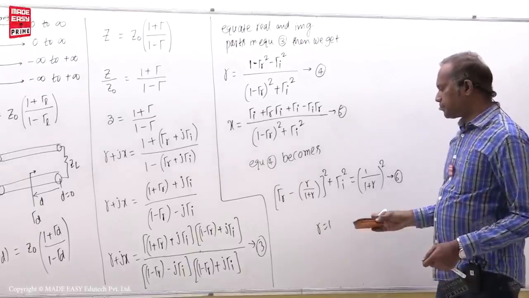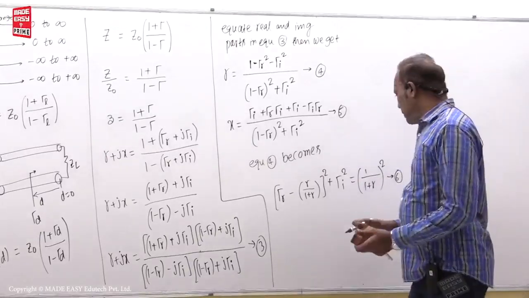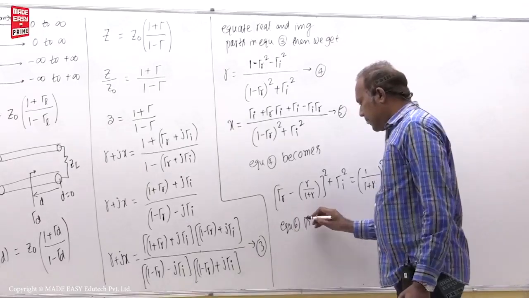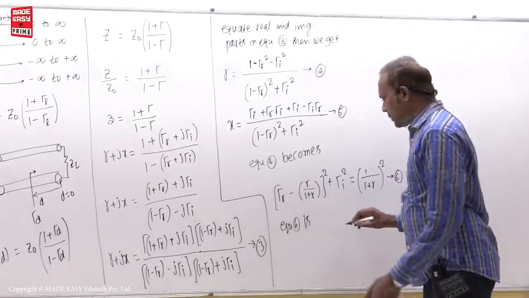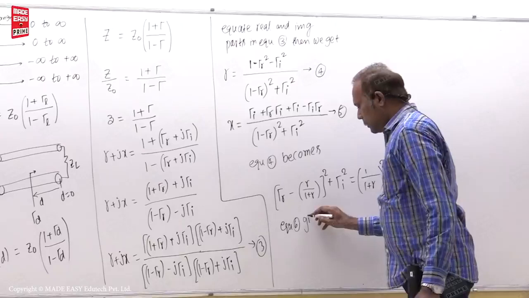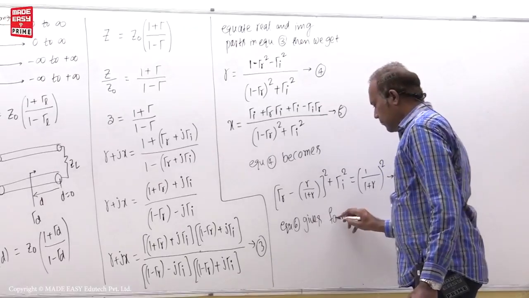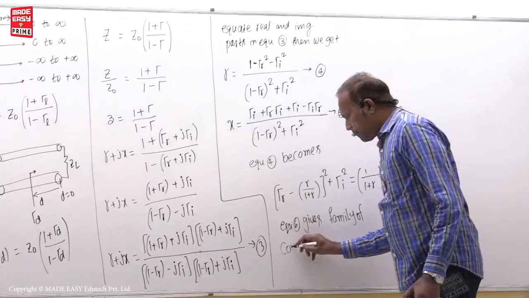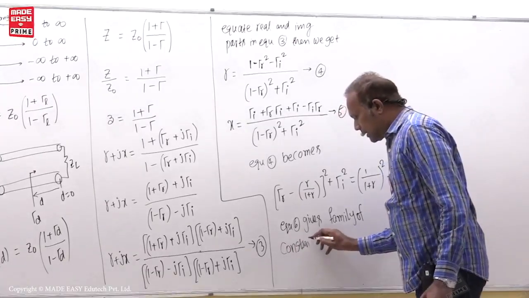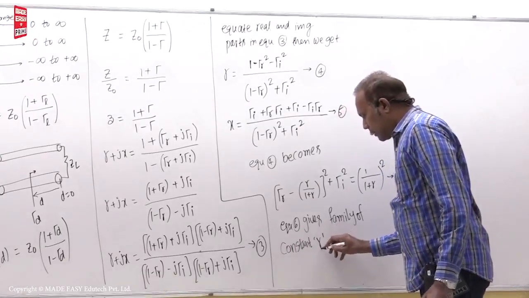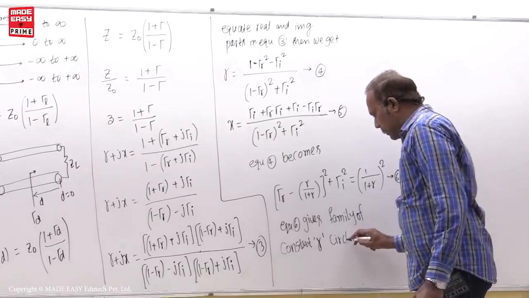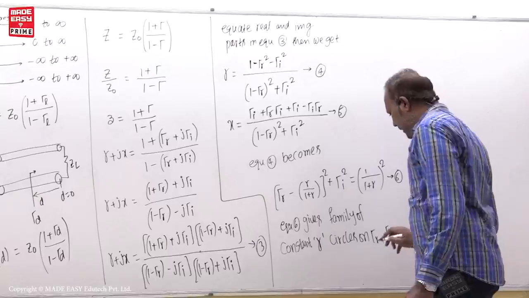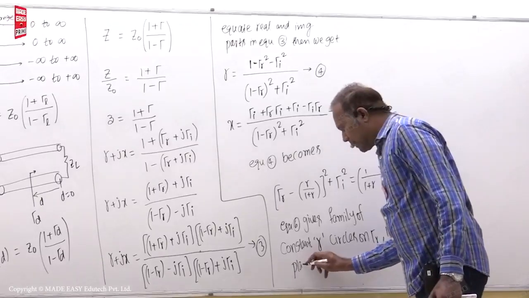So equation 6 gives family of constant R circles on gamma R comma gamma I plane.